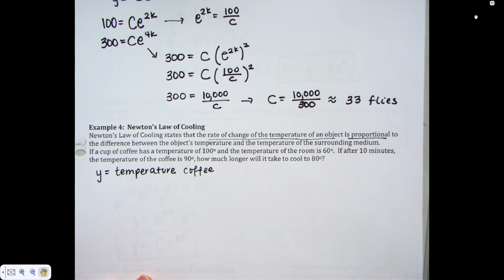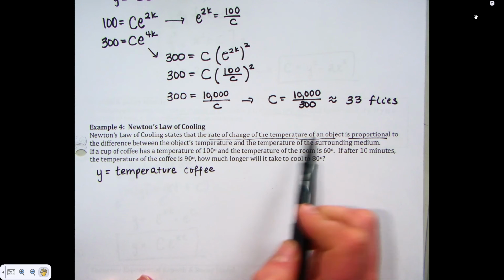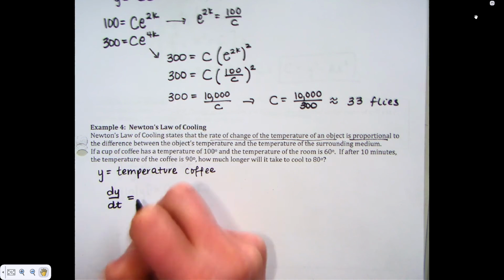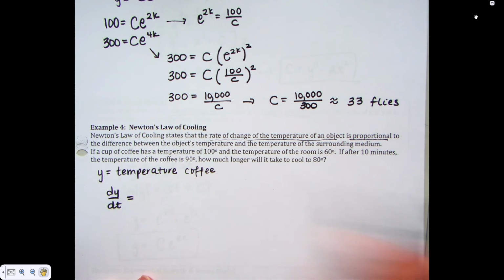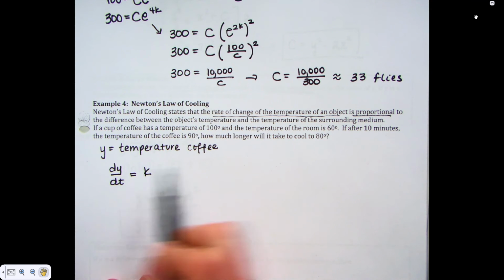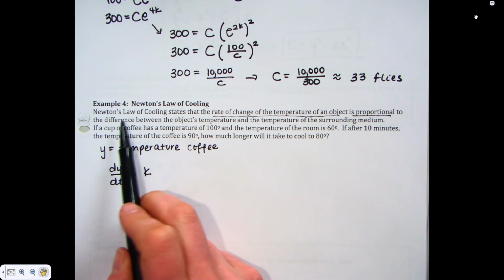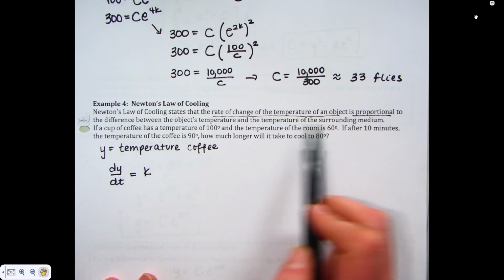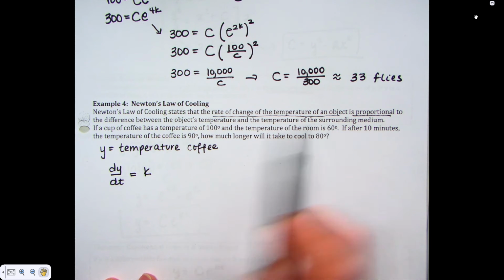And t is going to be my time. The rate of change of the temperature of this object, so dy dt, is directly proportional to, or proportional to. And then the difference here is that it's not directly proportional to a single variable. It's proportional to the difference between the object's temperature and the temperature of the surrounding medium.